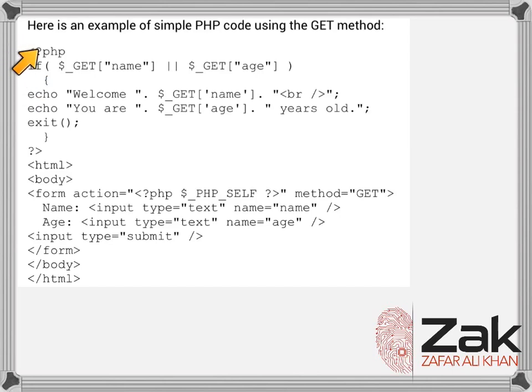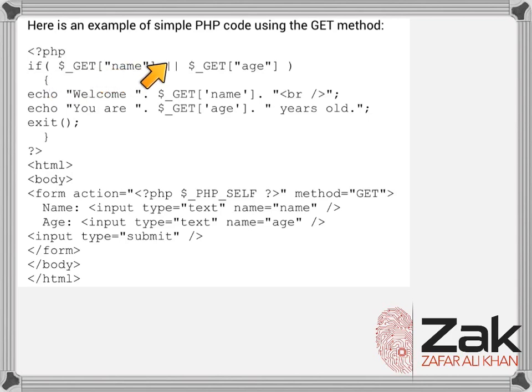Now, this is the tag less than question mark PHP, which is ending over here. So all the code from this point until this point is PHP code, and over here the code is HTML code. This $_GET environment variable is getting the values by the name of name and age.